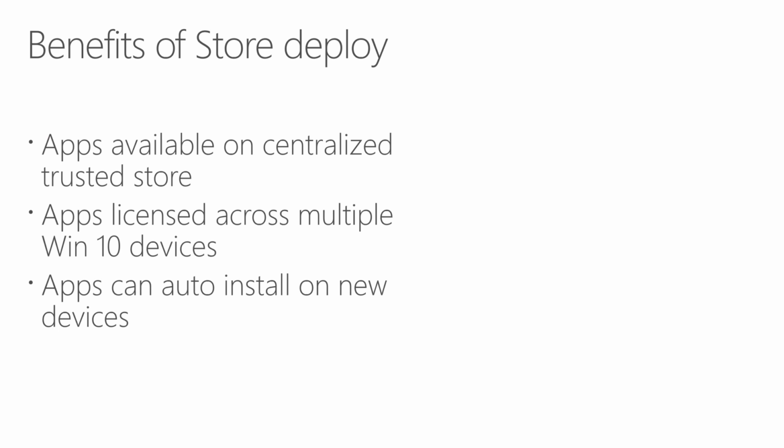It could also be licensed for my Xbox, mobile devices, and so on. And you can have that app auto-install on new devices. So if I buy this new tablet and I've already purchased 6 applications, they can automatically install on this tablet. So it's easier to get my new computer up to having all the current applications that I use, the Windows Store applications, that is.